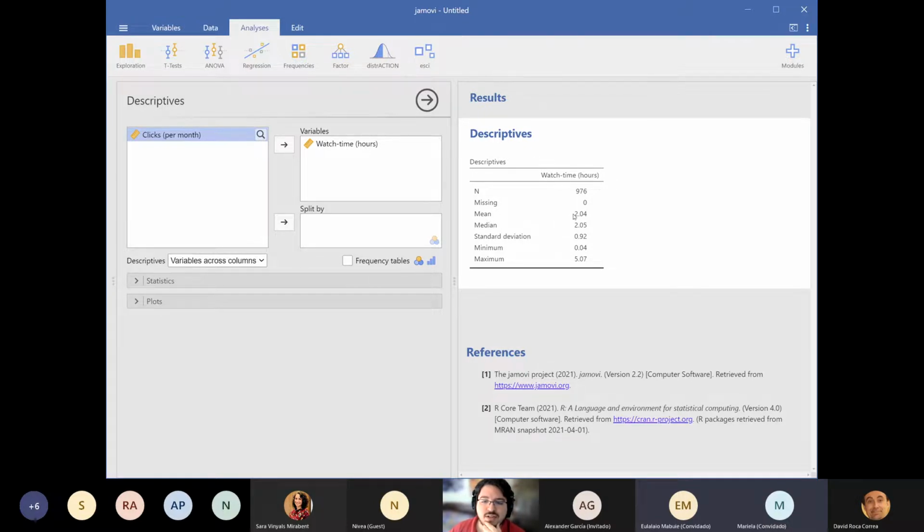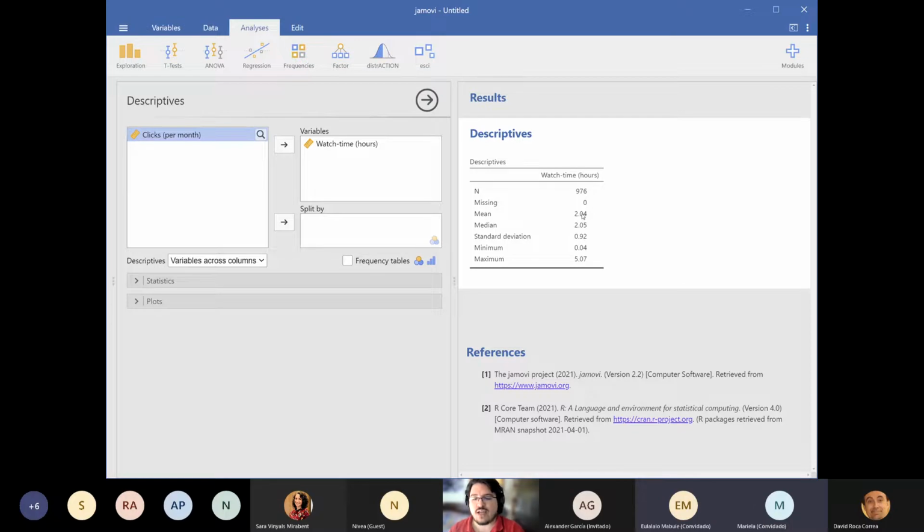Now, the mean of this data set is 2.04. That is the number of hours in average that your advert is seen in whatever period of time you collected this data. So if this is watch time in hours per month, the watch time of your advert per month in hours is 2.04, on average.